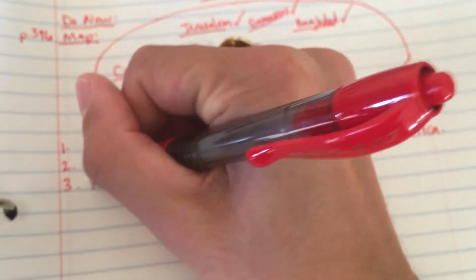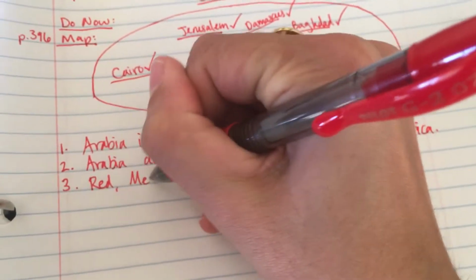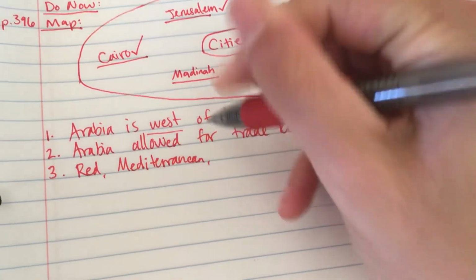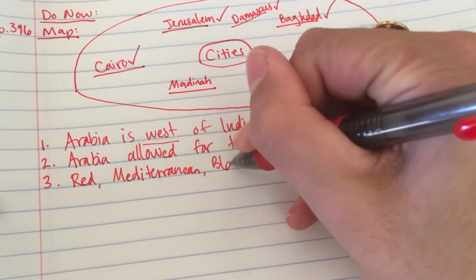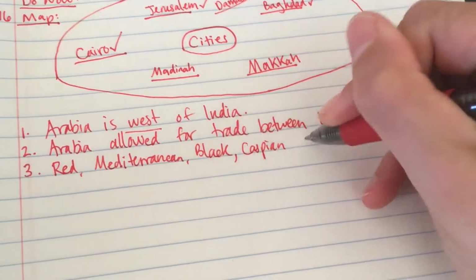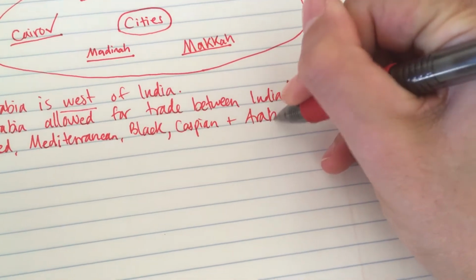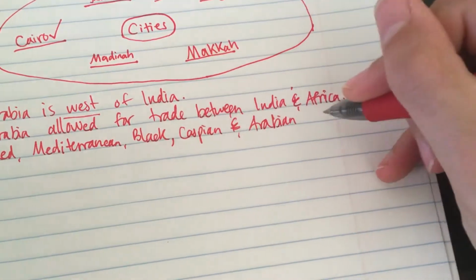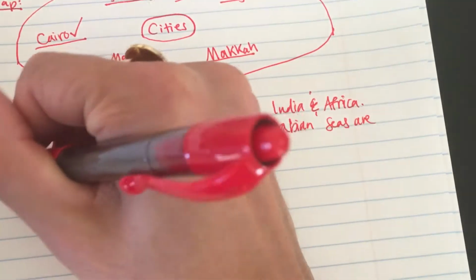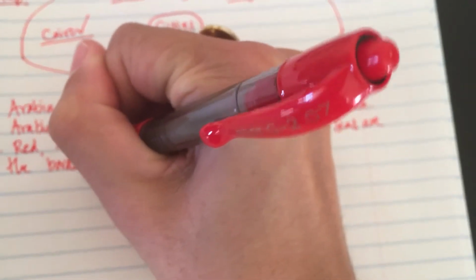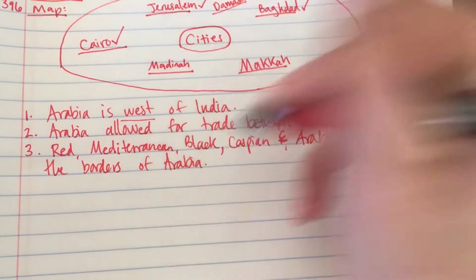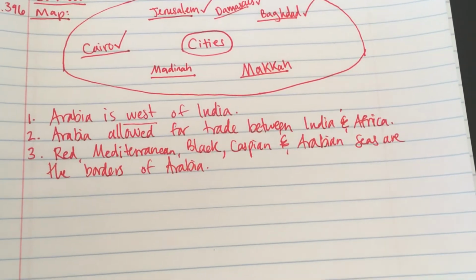So we see Red, Mediterranean, Black, Caspian, and Arabian Seas are the borders of Arabia. So it's surrounded by seas.